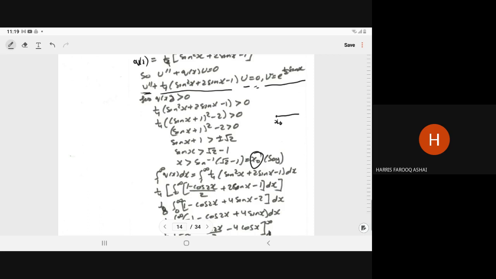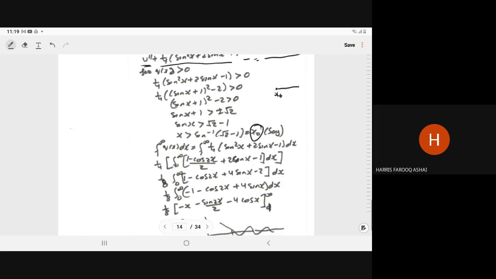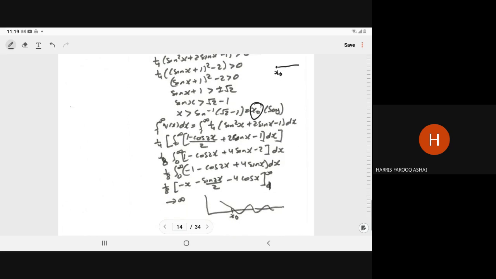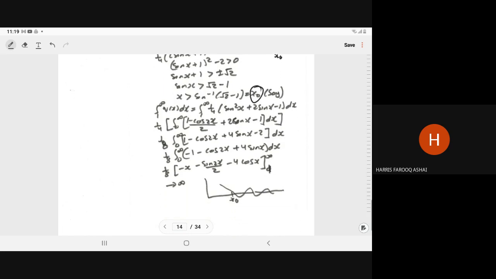Then we compute the integral 1 to infinity qx dx. So it will be the integral 1 to infinity of 1 by 4 sin square plus 2 sin x minus 1 into dx. Here sin square can be written as 1 minus cos 2x upon 2, and 2 sin x minus 1 dx. On solving, you will get this. Here we have the involvement of x, so we can say it tends to infinity.